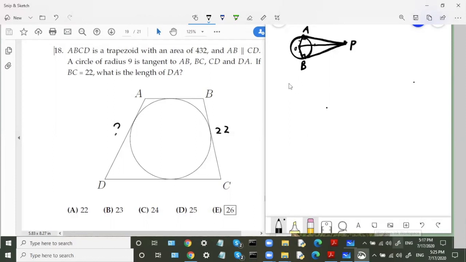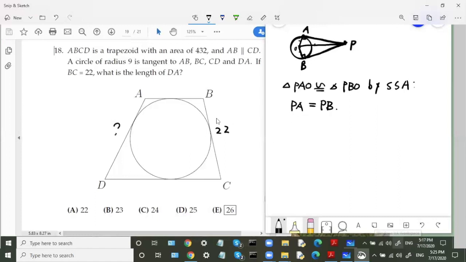So triangle PAO is congruent to triangle PBO by SSA in the right triangle. So then we get the corresponding sides, PA equals PB.